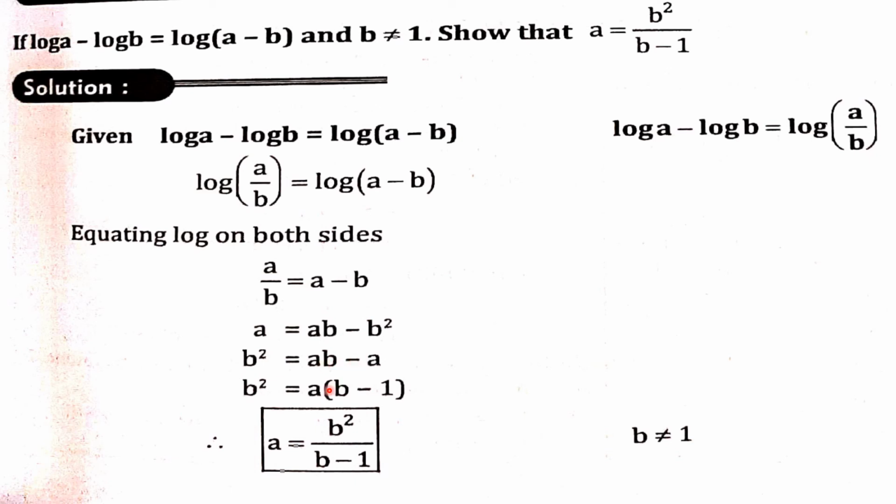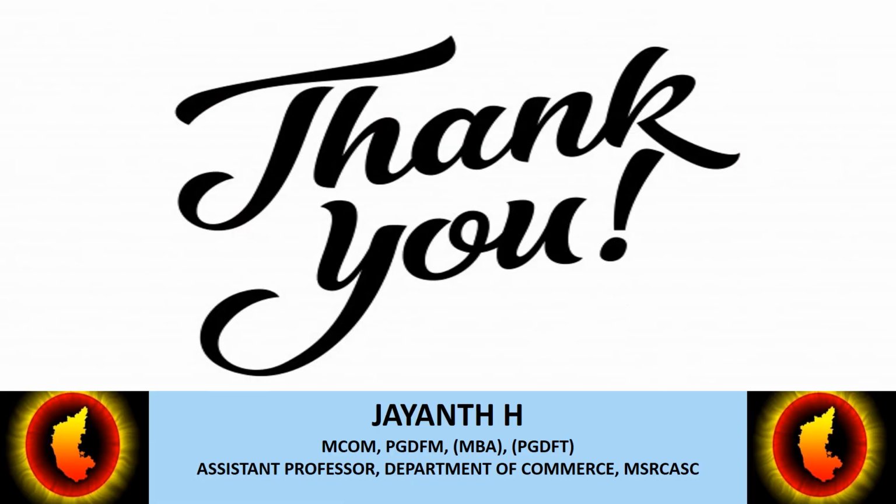When you have a as common, you can take a into b minus 1. So now if you want to find out the value of a, what will you do? a is equal to b square divided by b minus 1. So that is why, very simple. So first see what should be proved in RHS. According to that, make sure you substitute and find out the equation of a.